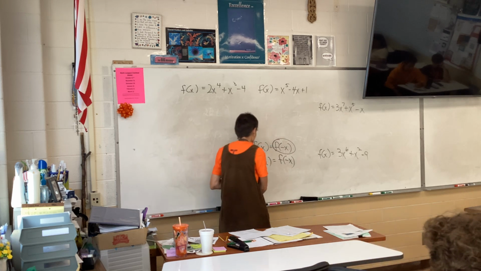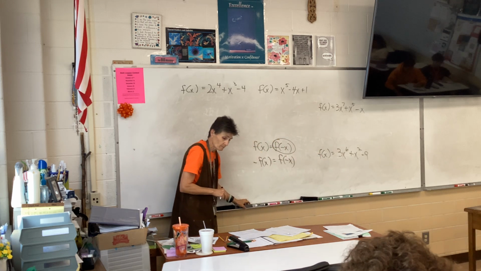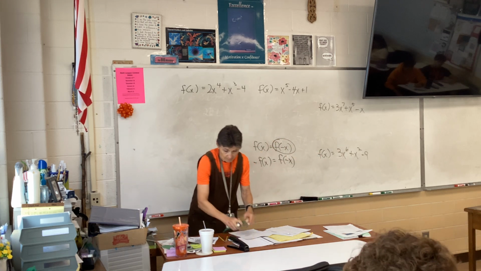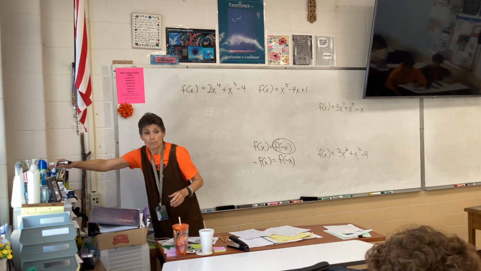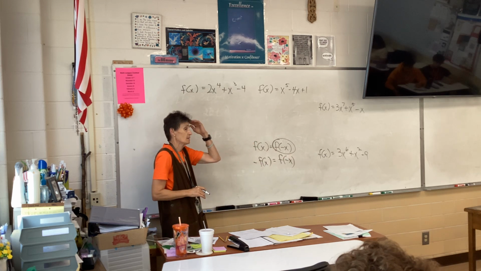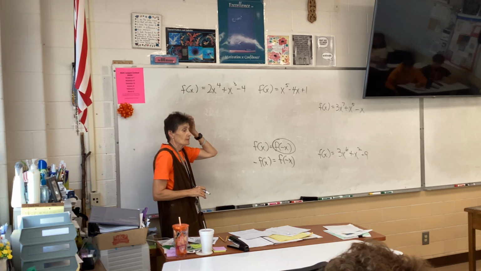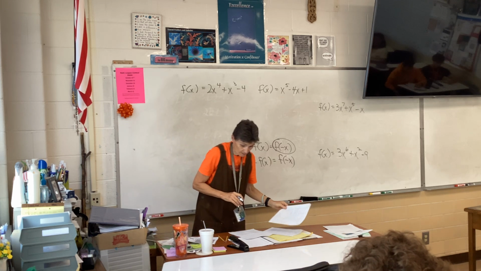So right now, get easy. That's what you're going to do for these 4 problems. You put in negative x. If we're going to do this formally, supporting our answer, we put in negative x.